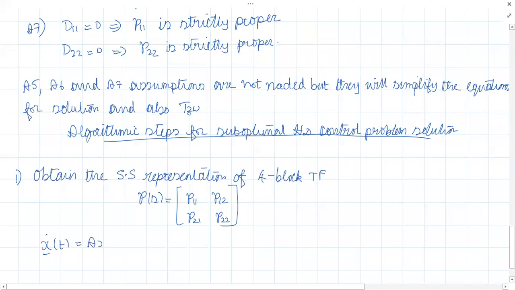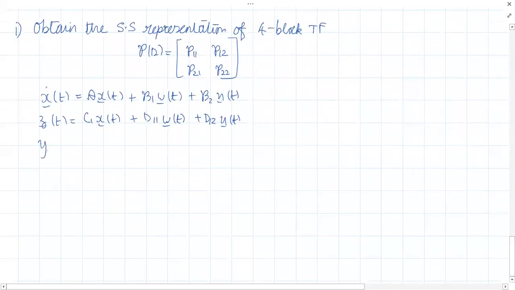X dot of T equals A X of T plus B1 W of T plus B2 U of T. Z of T will be C1 X of T plus D11 W of T plus D12 U of T. Y of T will be C2 X of T plus D21 W of T plus D22 U of T.